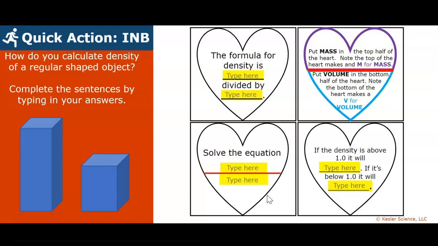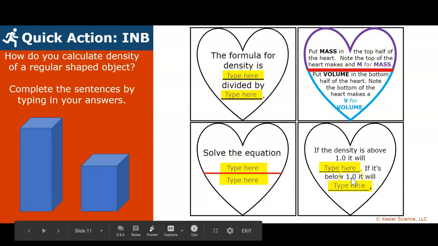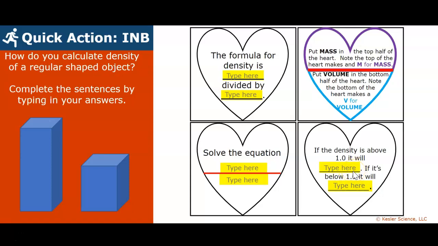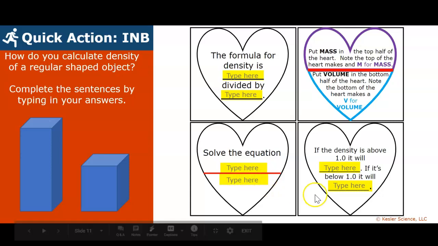Okay, so here you just need to answer these questions. It's basically what we've been covering all along. You're going to put the formula here, with the mass and the volume. Solve the equation. Basically, you're just going to put mass over volume.